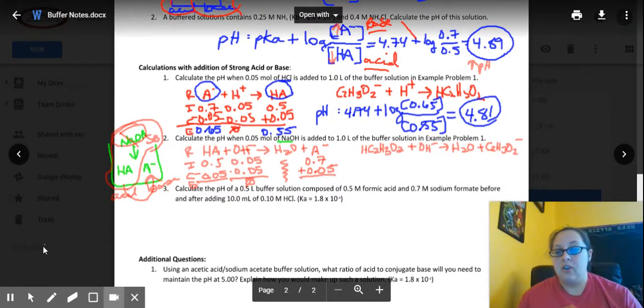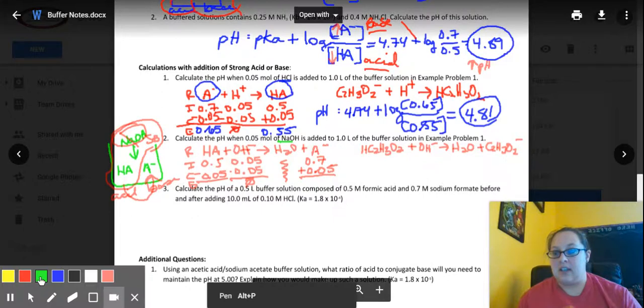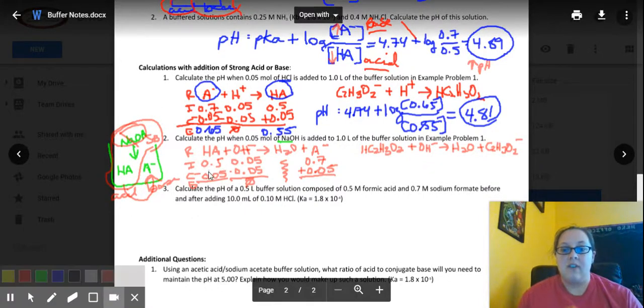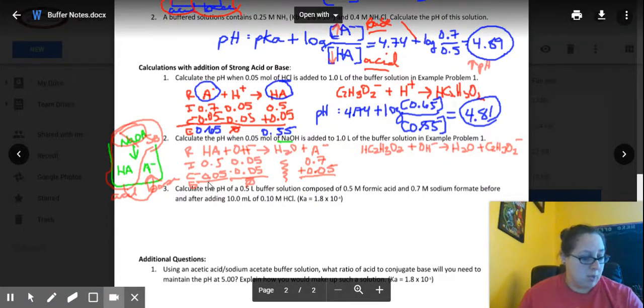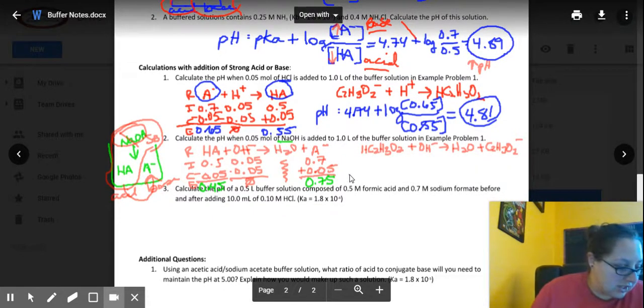And so our new values, let me write that in a different color. Our new values is going to be 0.5 minus 0.05, which is 0.45 molar. Our new value here is going to be 0.7 plus 0.05, so that's going to be now 0.75 molar for my concentration.